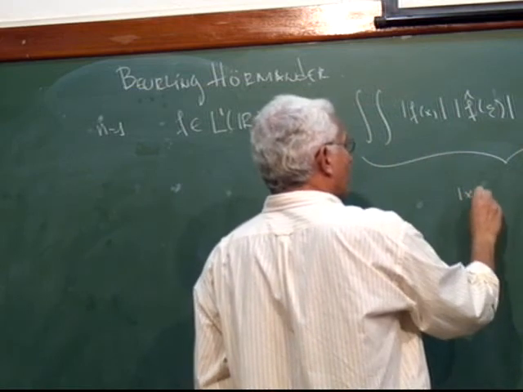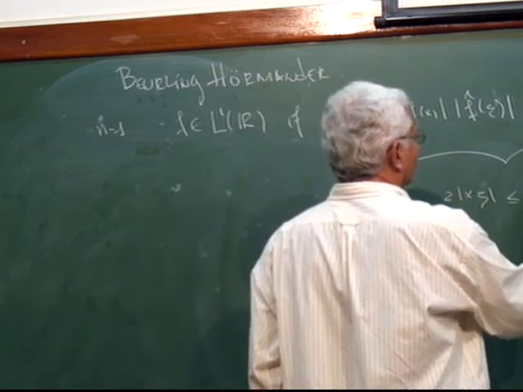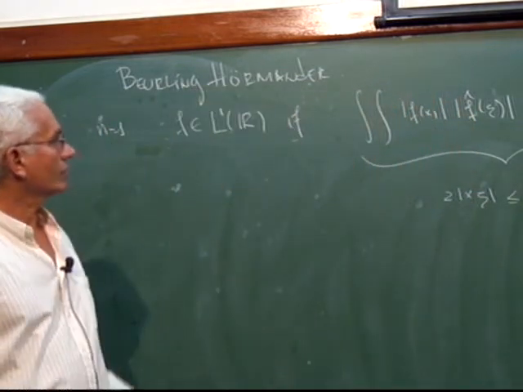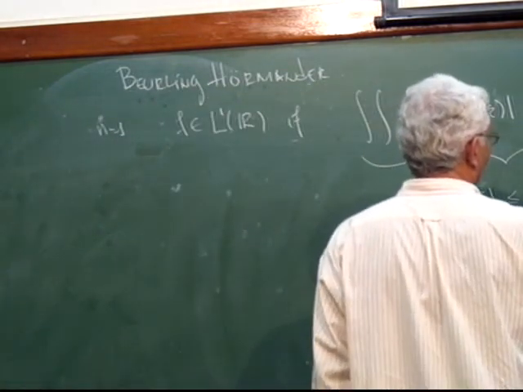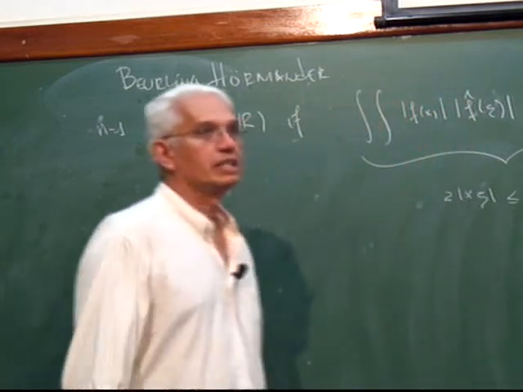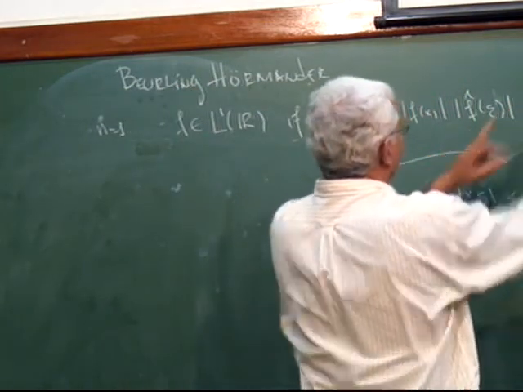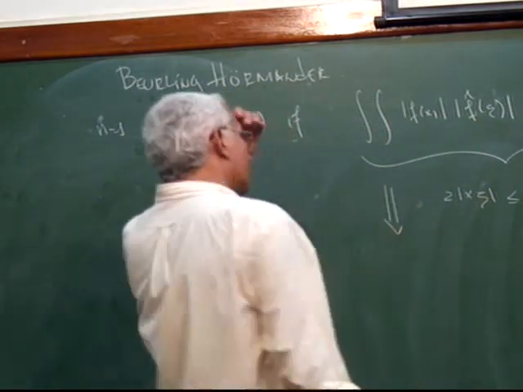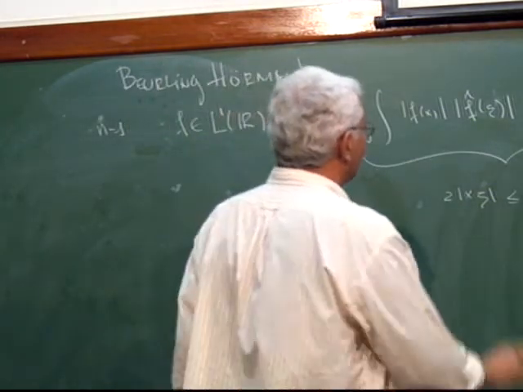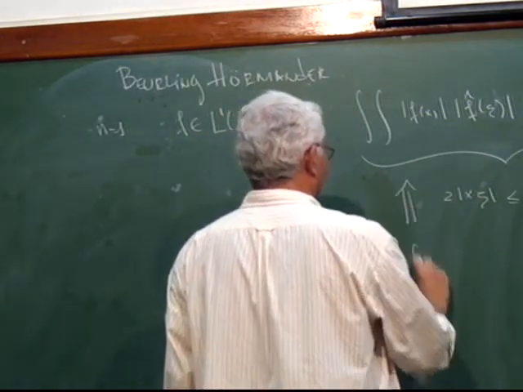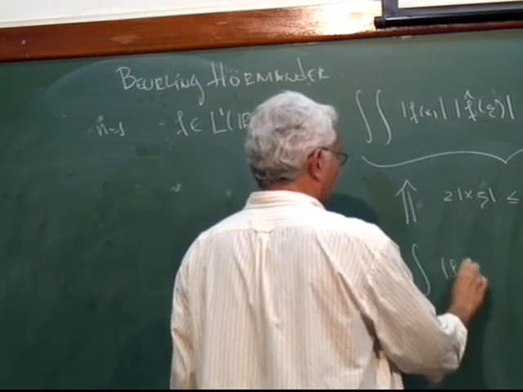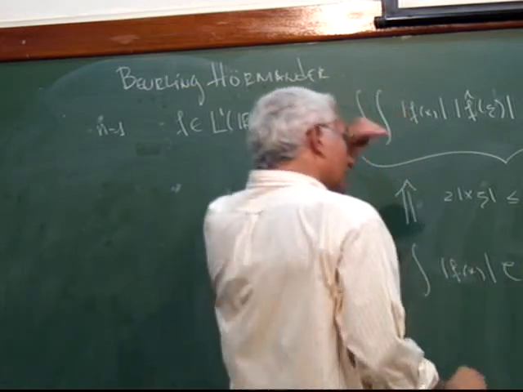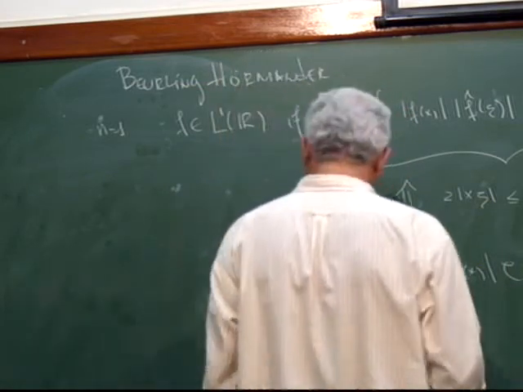Okay, notice something. Notice this. If x multiplied by xi is less than x squared plus xi squared, right? Then if I plug this here, this implies, if this is finite, okay, let me even do it in a nicer way.